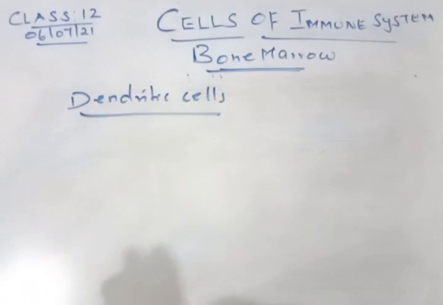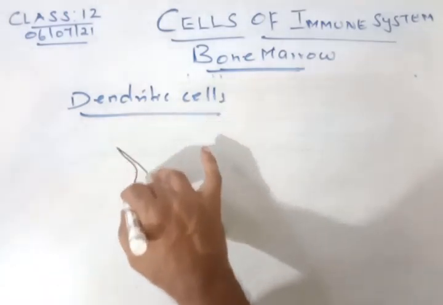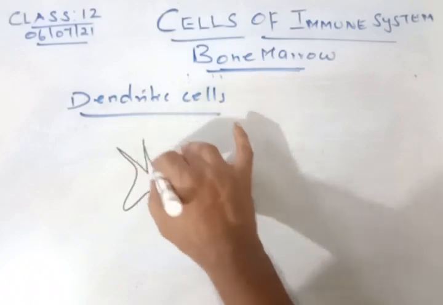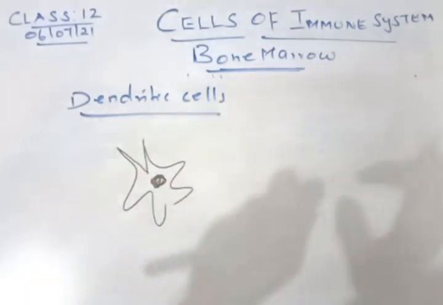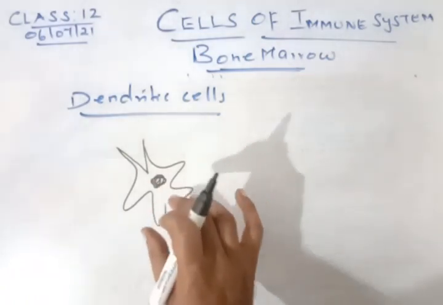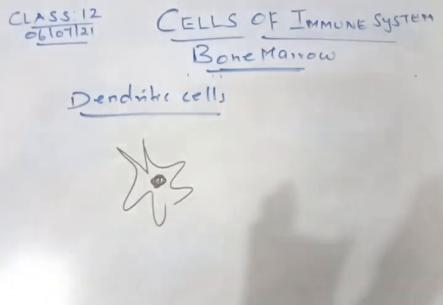Why it is called dendritic cells is, if you see the diagram, it is like this. This is the structure of the dendritic cells. It will look like the dendrons of the neuron. If you see the neuron, the top first part will be the dendrites. So it resembles the dendrites of the nerve cells. That is why it is called dendritic cells.